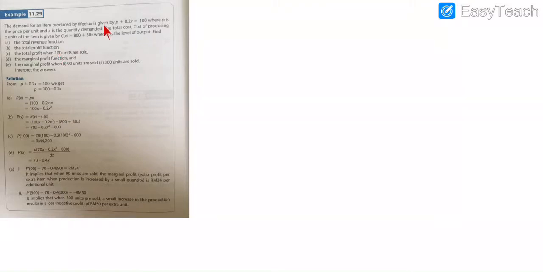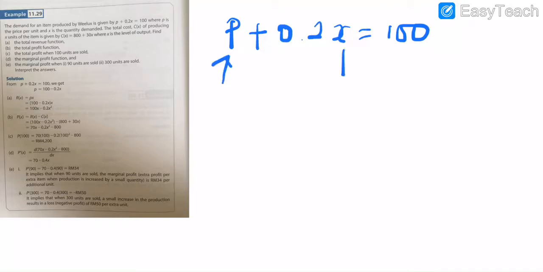So this is the demand function. P represents the price and x represents the quantity. P plus 0.2x equals 100 is the demand function, but the question did not mention the revenue function.